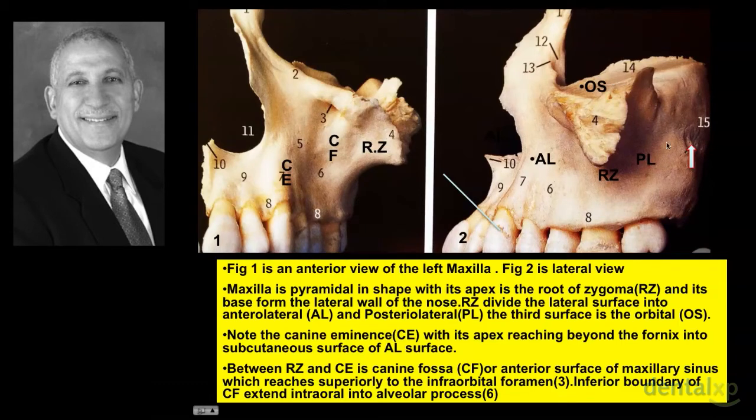The posterolateral surface is the posterolateral wall of the maxillary sinus. The anterolateral surface, the canine fossa, is the anterior surface of the maxillary sinus. Beyond the canine eminence, and anterior to that till the anterior nasal spine, is the alveolar process.